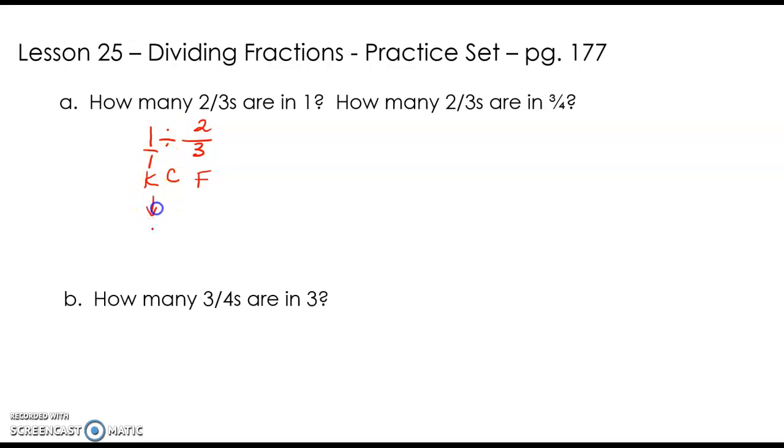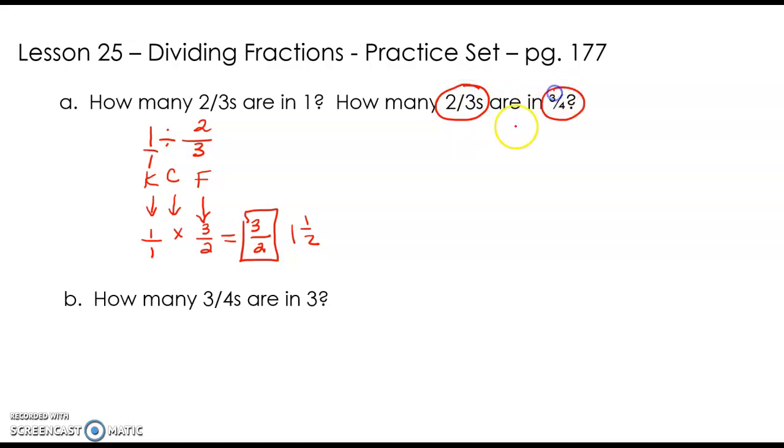So we keep the first one, we change divide to multiply, and we flip the last one. So we have 2/3, we're going to flip it to 3 over 2. Then we multiply it out. So we have 1 times 3 and 1 times 2, and there are 3 2's, or 1 and 1/2, 2/3 in 1.